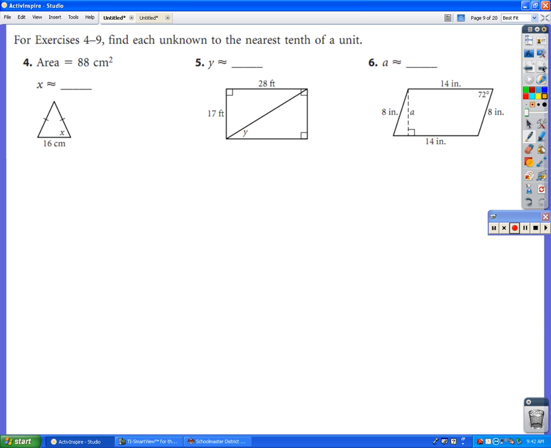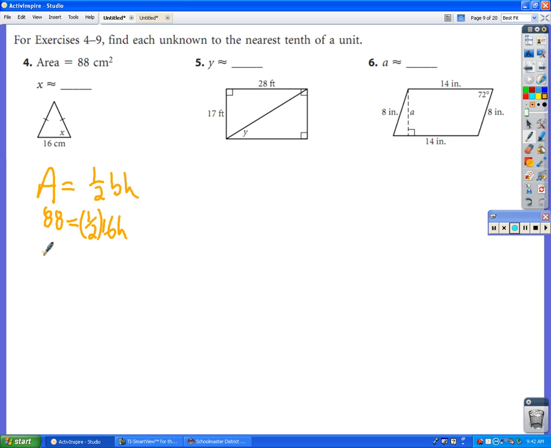Okay, now we're going backwards. So number 4, we are told that the area is 88 square centimeters. Well, what's the formula for the area of the triangle? 1/2 base times height. I know what the base is: it's 16. I know because they told me what the area is, 88.